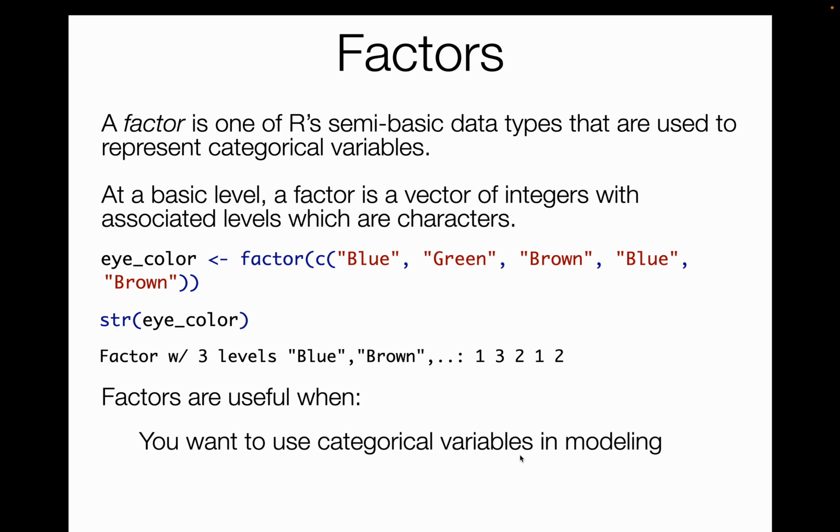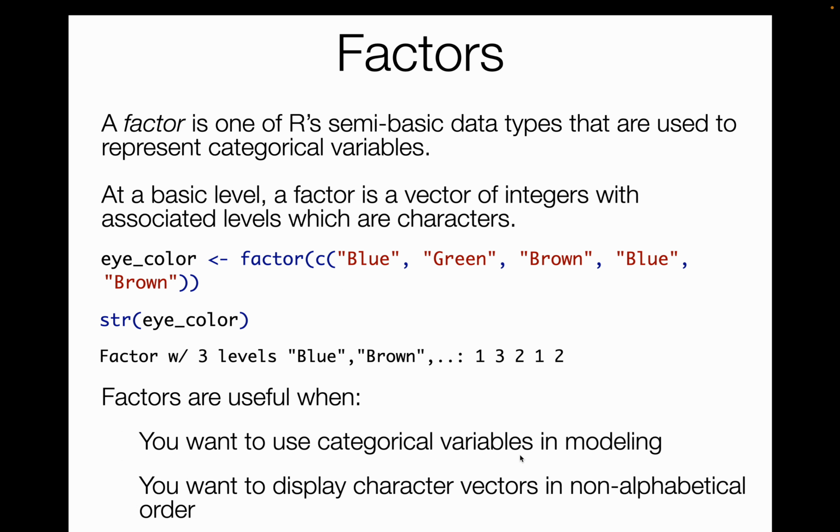But in terms of this class, we haven't learned enough yet to understand why they're useful there. What we can use factors for is when you want to display character vectors in non-alphabetical order in a plot. Wink, wink, nudge, nudge: you'll need to use factors in part 4 of homework 4 if you haven't got there already.